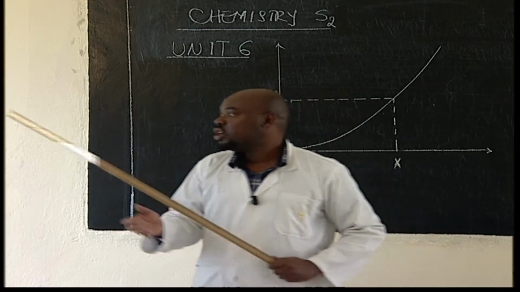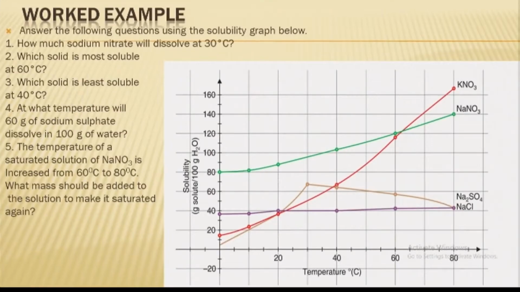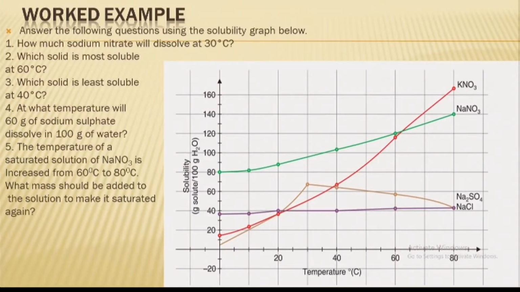But in that case, you will move from a higher temperature to a lower temperature. For example, if you move from 80 down to 60, then 20 will precipitate out. I think it is very clear.